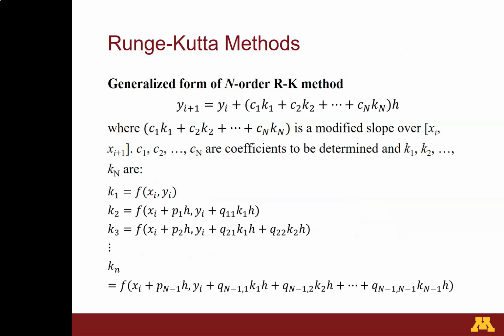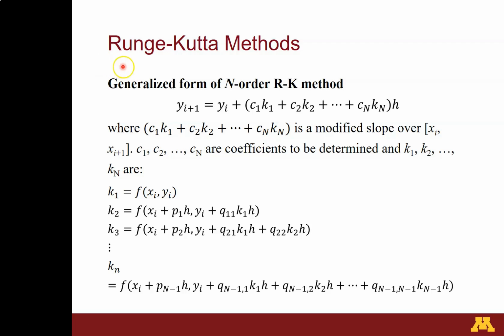In the previous slides, we talked about the Euler method and the Heun method, the improved Euler method. Those two methods are actually two Runge-Kutta methods. So here is the generalized form of the Runge-Kutta methods.